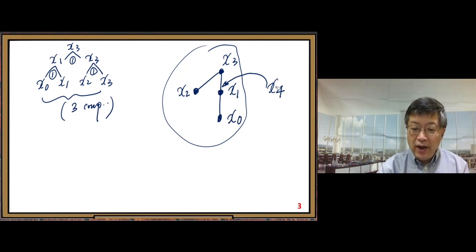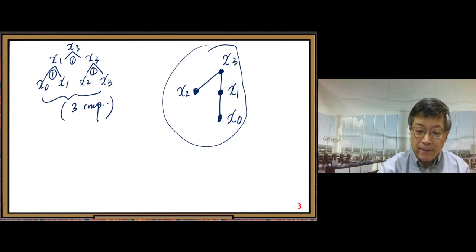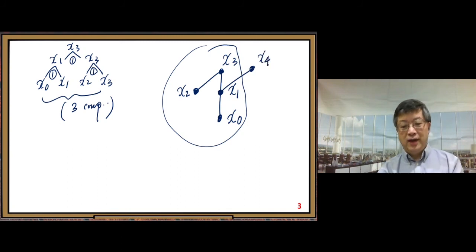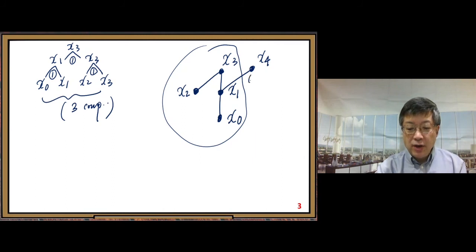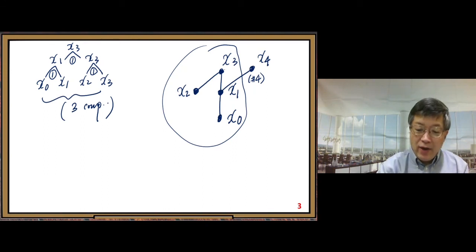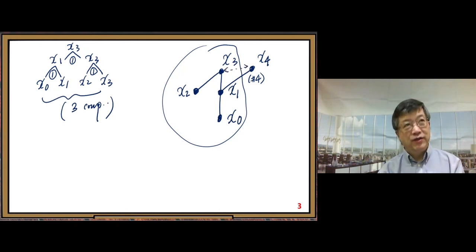Suppose greater than x1. So let's draw the first case. x4 greater than x1. Then this is comparison number 4. Then, can we compare with x3? x3 and x4, greater than, less than, 2 cases.